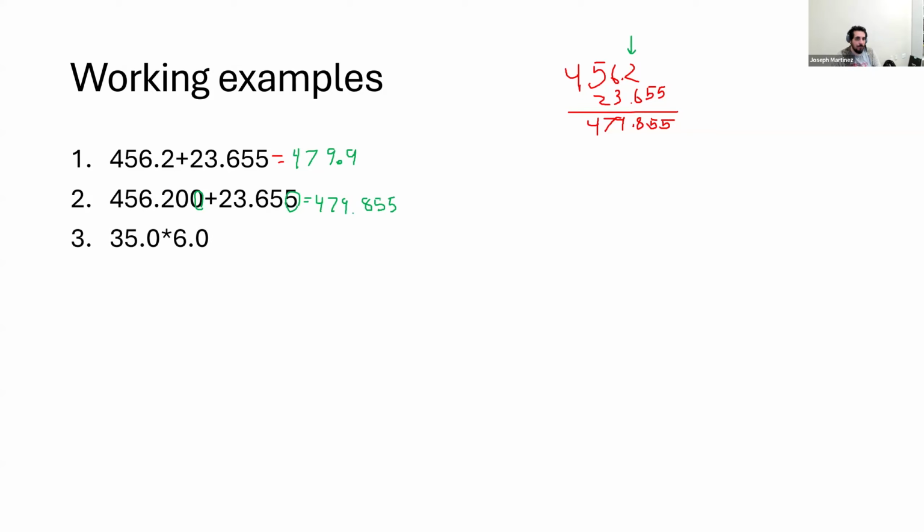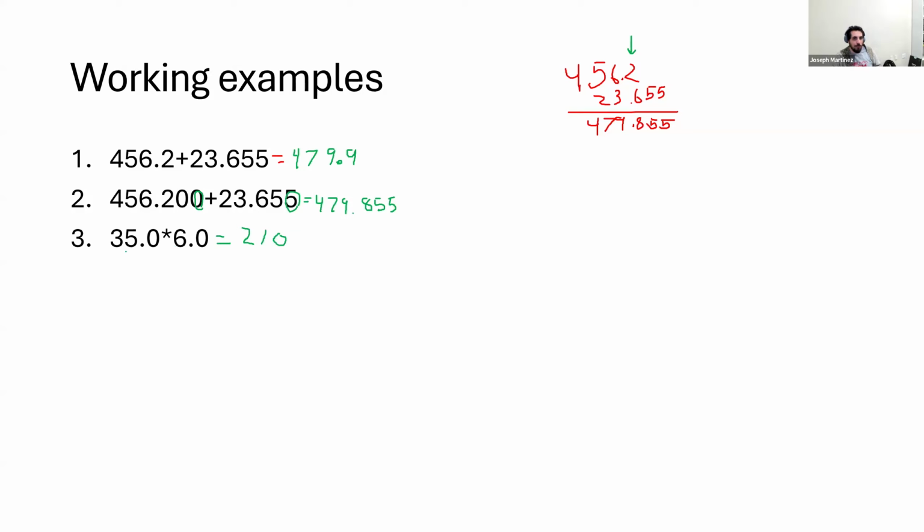Well, what else do we have? Perhaps we do something like 35.0 times 6. This is multiplication. What is 35 times 6? You take a calculator, you put it in, and you get 210.